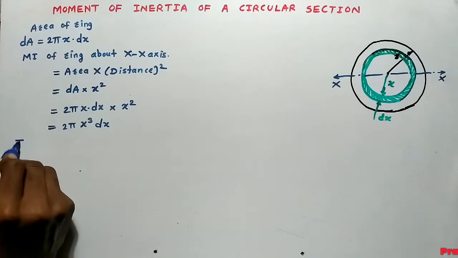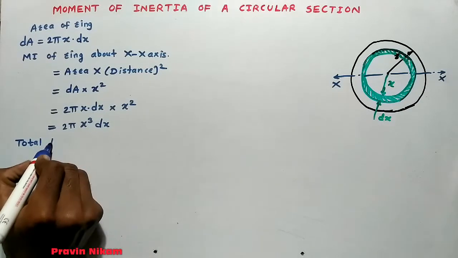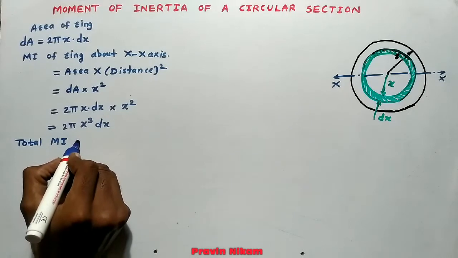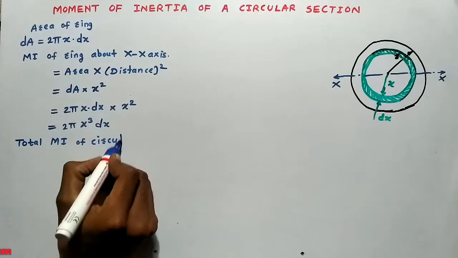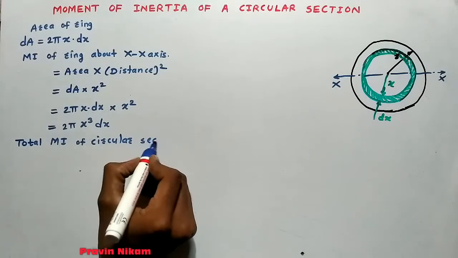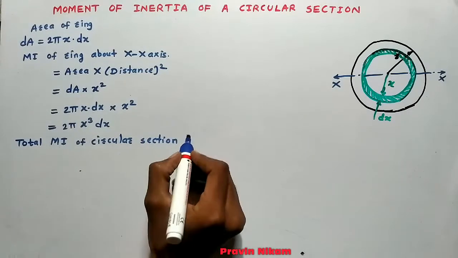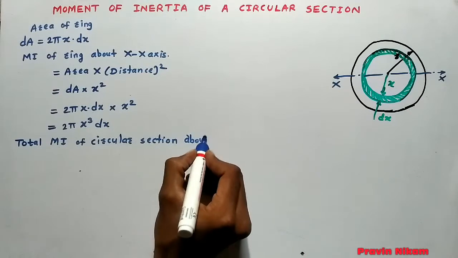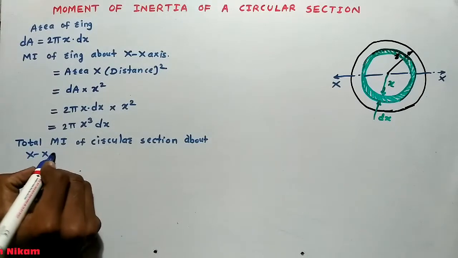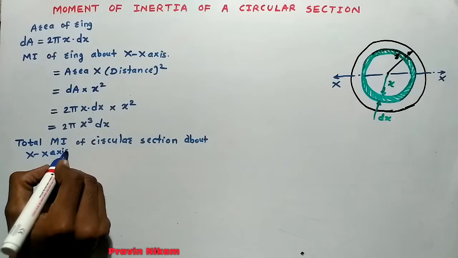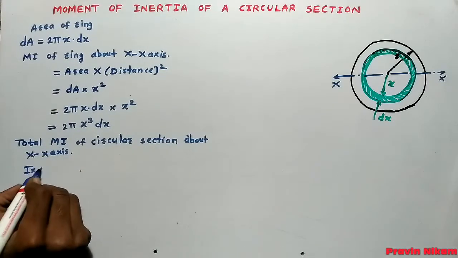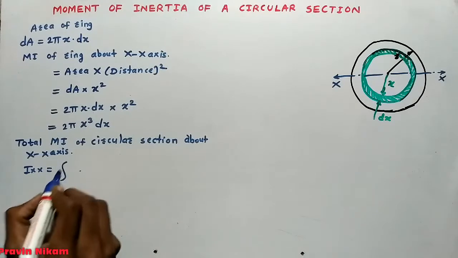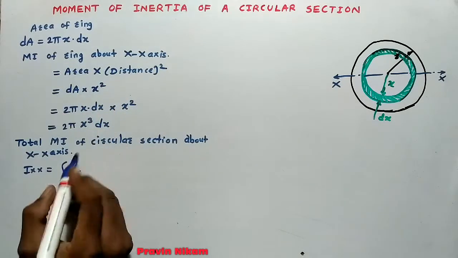Now how to find the total moment of inertia? The total moment of inertia of the circular section about the x axis, Ix, is equal to the integration of this moment of inertia.